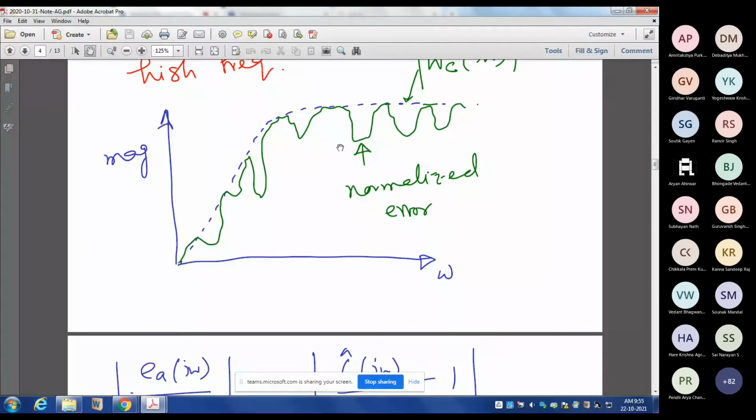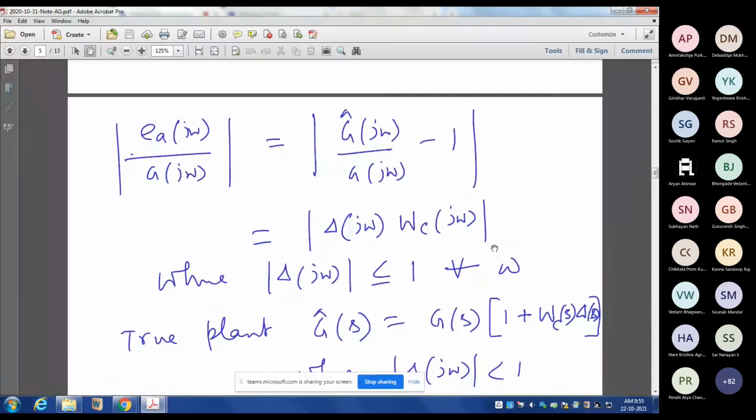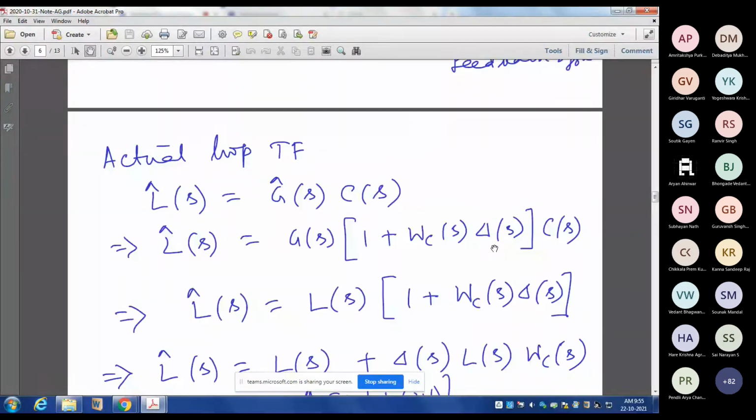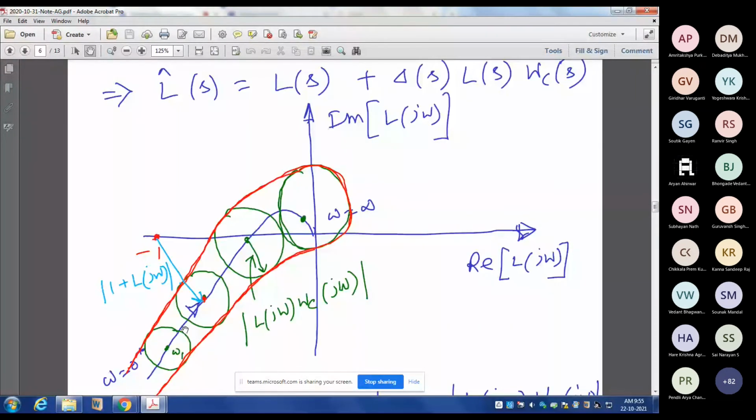So the radius of the disc will increase as frequency increases. It will be maximum at omega equal to infinity. Although I have not drawn it, I could have drawn a bigger disc here. I have tried to show that the disc size is increasing as frequency increases.